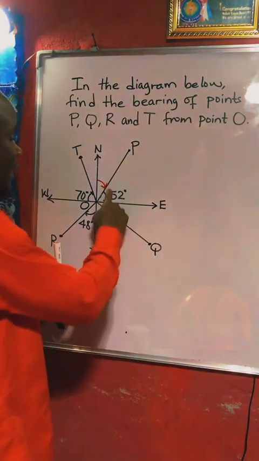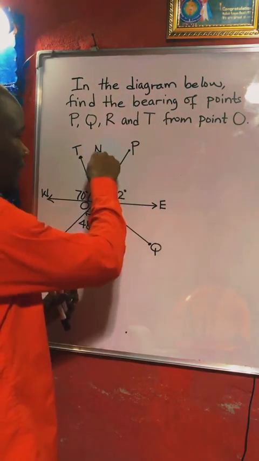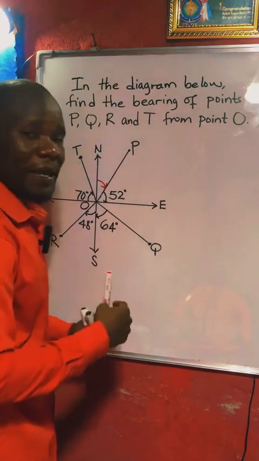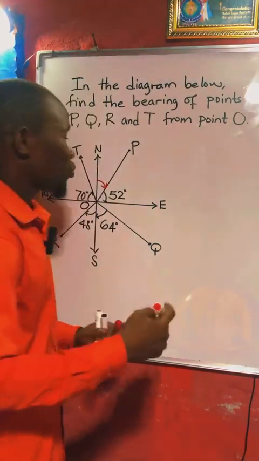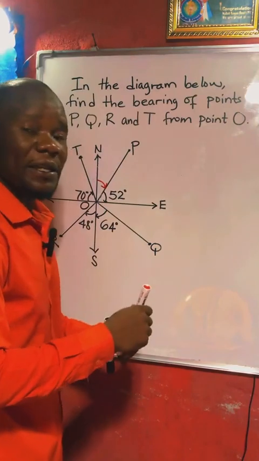So since the given angle is coming after this P, we are going to subtract this amount from the 90 degrees.